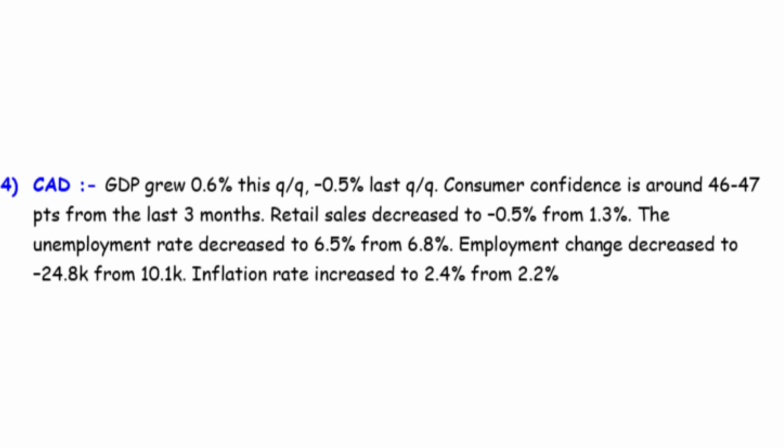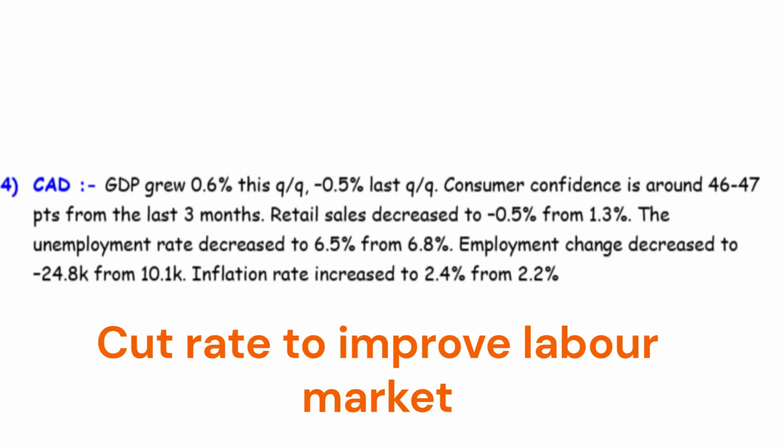The unemployment rate decreased to 6.5% from 6.8%. Employment change decreased to negative 24.8k from 10.1k. Inflation rate increased to 2.4% from 2.2%, which means Canada Central Bank may cut the rate to improve the condition in the labor market.